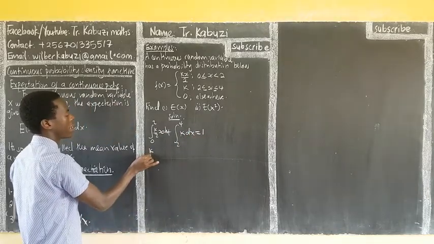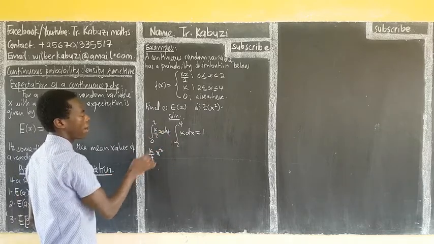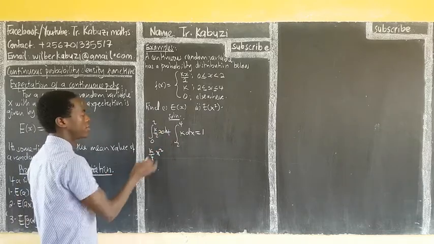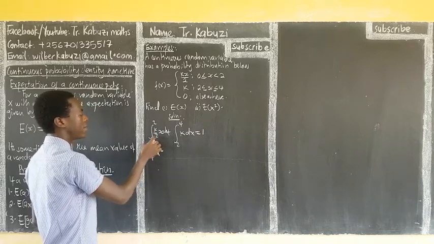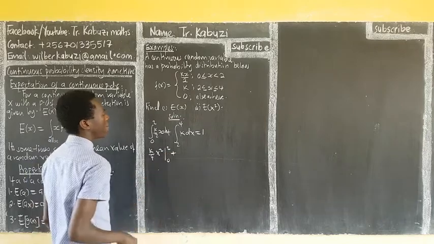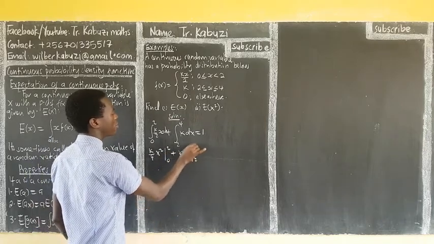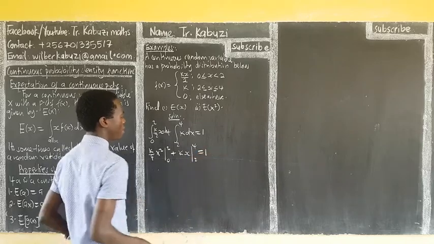So here we have k over 4 x squared, since we increase the power by 1, that will be 2, and 2 times 2 gives us 4, from 0 to 2. Then plus k x from 2 to 4, equaling 1.